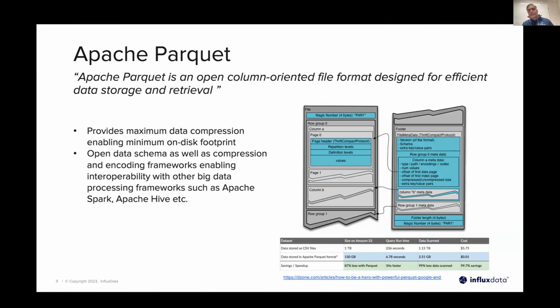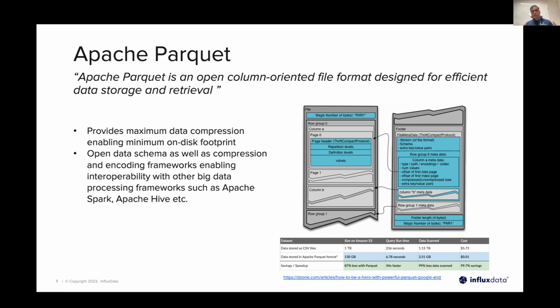Last but not least, we are also using Apache Parquet. This is a very open format, understood by a lot of industry leaders out there. Amazon Athena, Hive, Spark, all of these understand Parquet. They are supporting it. We also provide maximum data compression with Parquet.